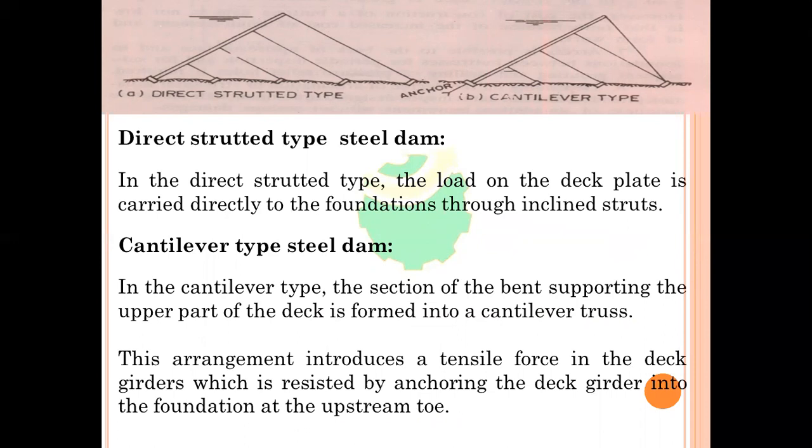Coming to cantilever type, the section of the bent supporting the upper part of the deck is formed into a cantilever truss. This arrangement introduces a tensile force in the deck girders which is resisted by anchoring the deck girder into the foundation at the upstream toe.